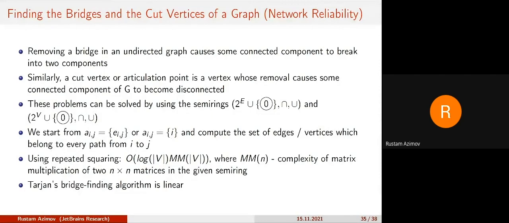And for example, if we use just repeated squaring, the complexity is the logarithm of the number of vertices times the complexity of multiplication of two matrices of the size of the number of vertices in such a semiring, and this is not good enough because the canonical algorithm, for example, is linear.